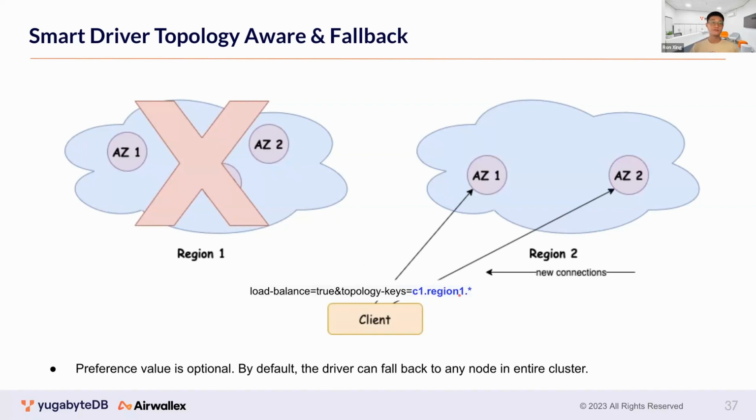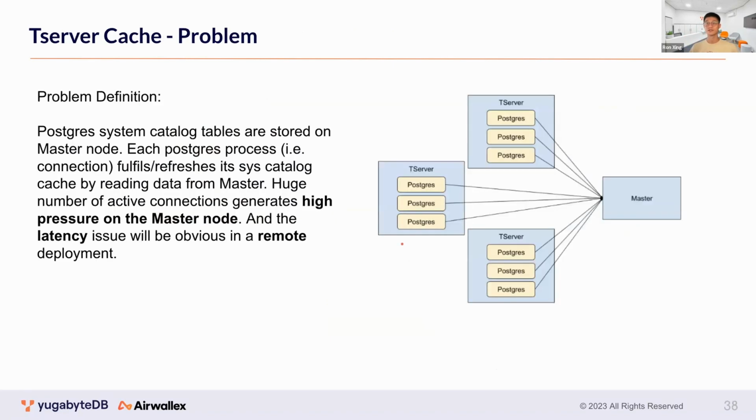But this preference value is only optional because it has a fallback capability. So if it doesn't find one with the number, it will just fall back to all the other available nodes in the cluster to serve the request.